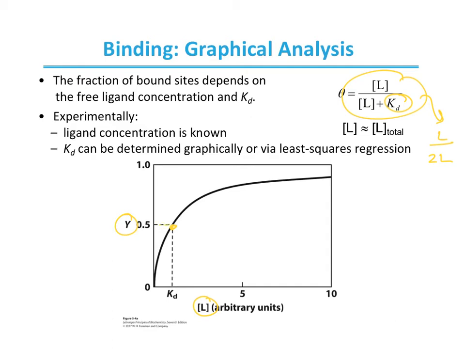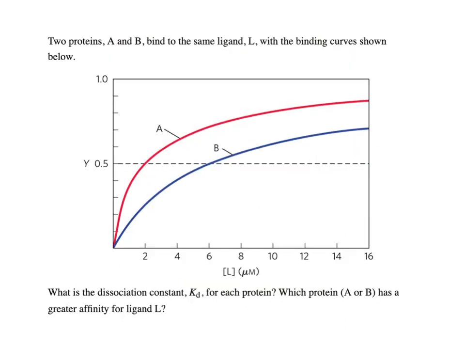At 0.5, when half of the protein is bound by ligand, we can then drop this down to the x-axis and see what the concentration is there, and that's going to be equal to the Kd. So the concentration of the ligand at which half of the available ligand binding sites are occupied is equivalent to the Kd. So let's try an example.